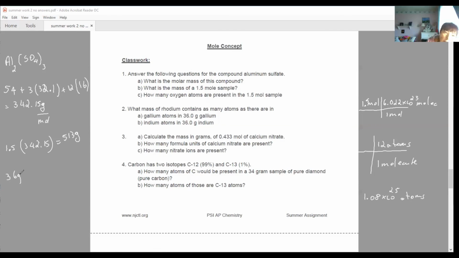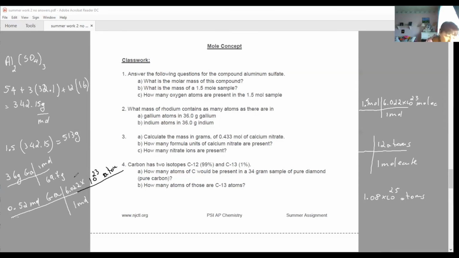Okay, 36 grams of gallium. Gallium is 69.7 grams in 1 mole, so 0.52 moles. First of all, you have to divide this one, so 1 mole contains the Avogadro number times 10 to the 23rd atoms, because it's just gallium.